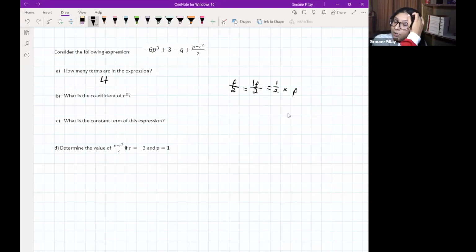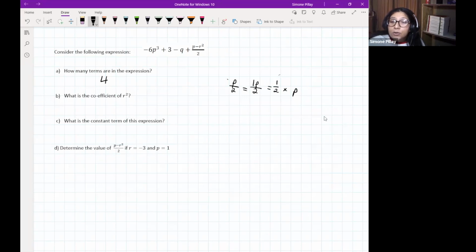So p over 2 actually means half times p, because remember, this is basically saying p divided by 2, which really means half of p. And if we have half of p, my coefficient, remember, is what is being multiplied to my variable.